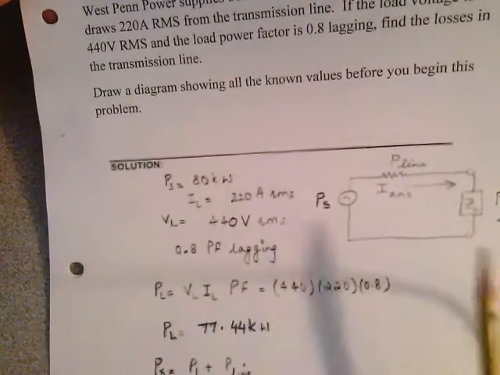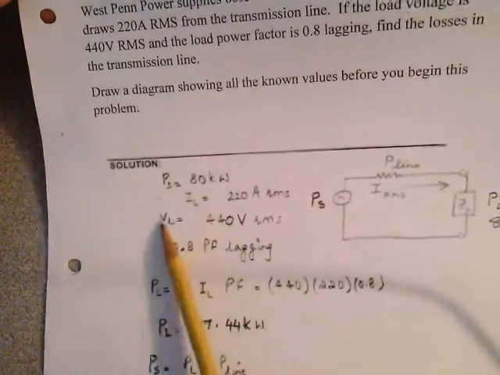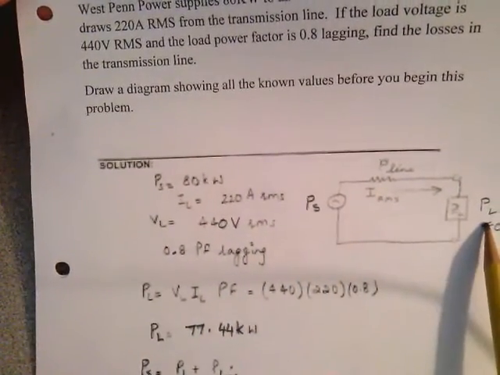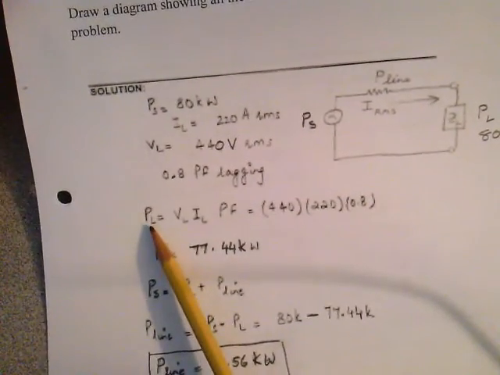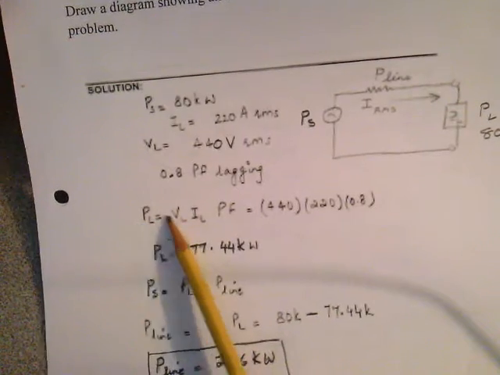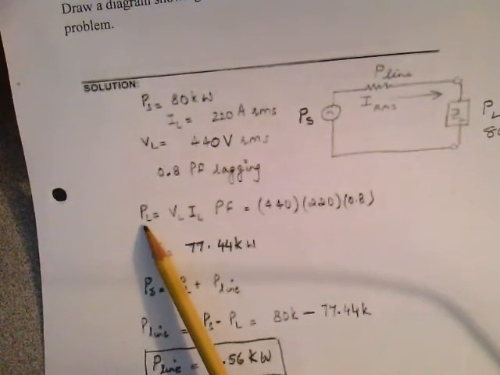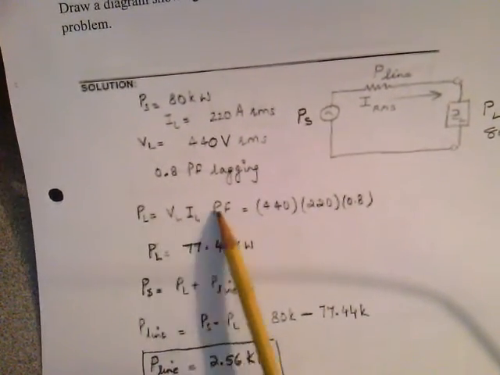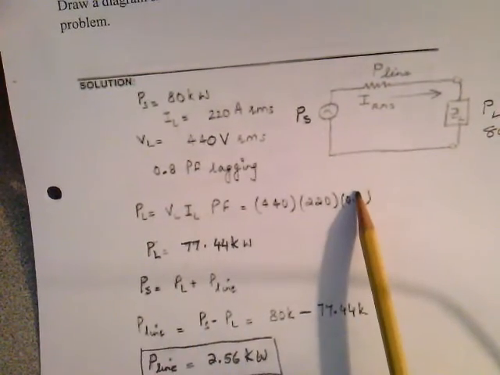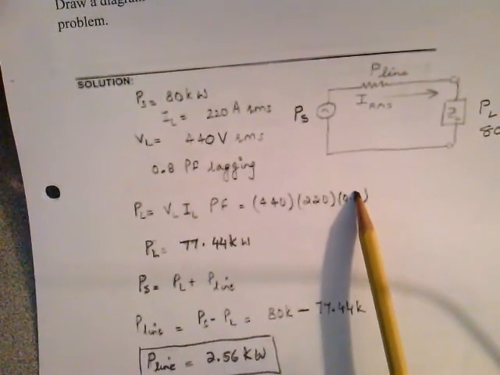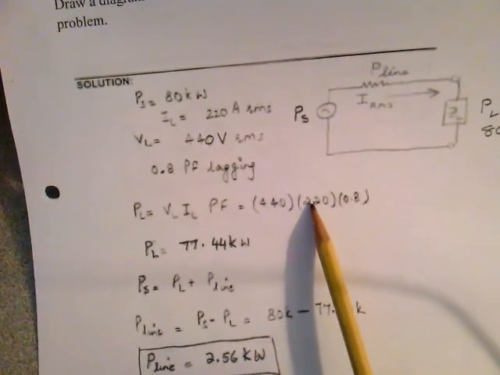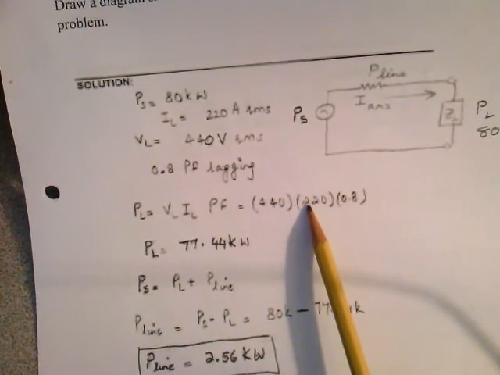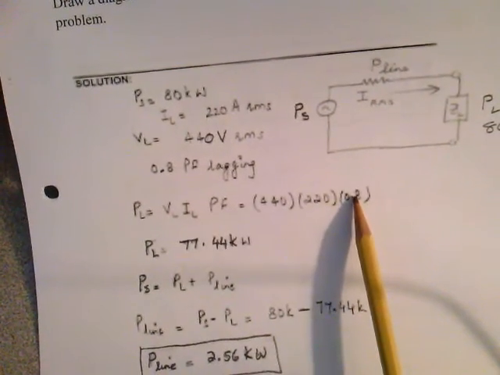So I showed the problem, I wrote down the values based on this problem here. I'm searching for equations. The first thing that comes to mind is I know my power in the load has to be equal to this. It looks like they give me my 440, my 220, and my power factor.